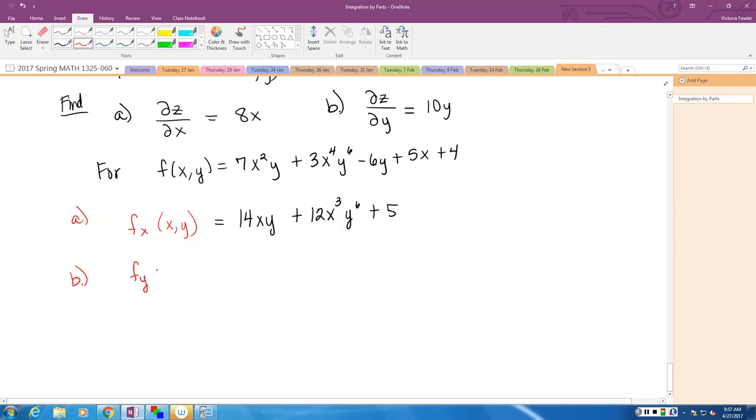Let's do the same thing, but now we'll take the partial of f with respect to y. Okay, so walk me through term by term. Looking at 7x squared y, partial derivative of that with respect to y. Good, 7x squared. Does everyone see that? The derivative of y to the first is just going to be 1, and the rest of that's a constant. Okay, move to the next piece.